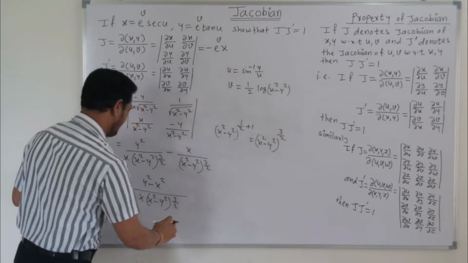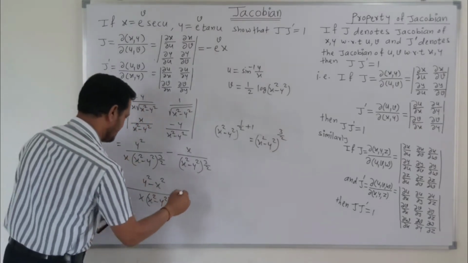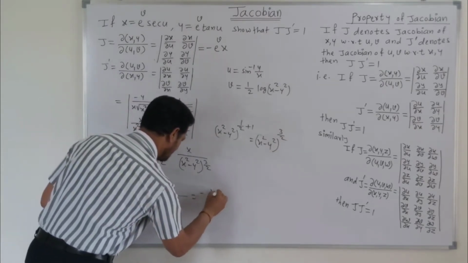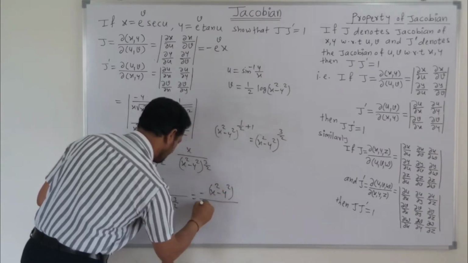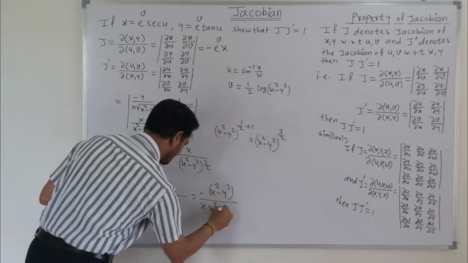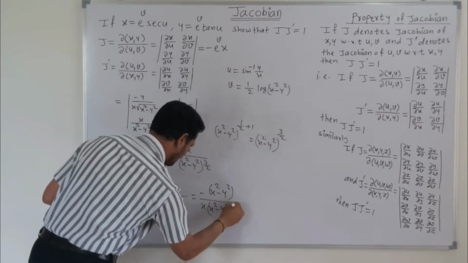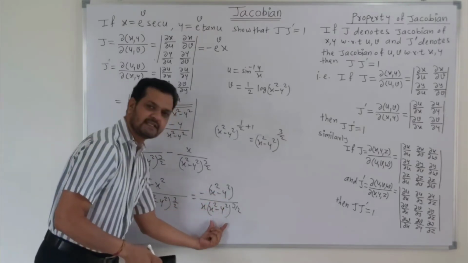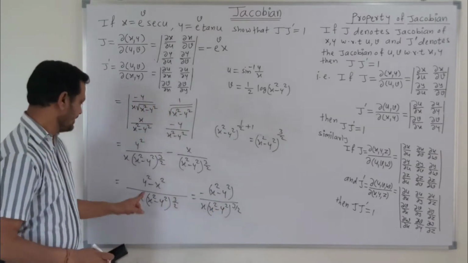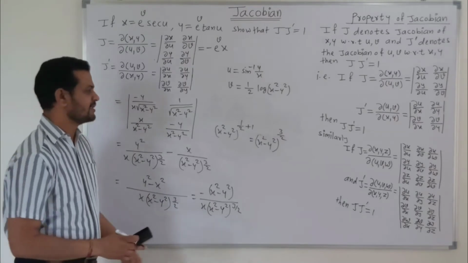So once again if we reverse the term, then we get this as x square minus y square divided by x into x square minus y square raised to 3/2. So that this x square minus y square and this x square minus y square term will get cancelled. That's why we reverse the sign of this equation.